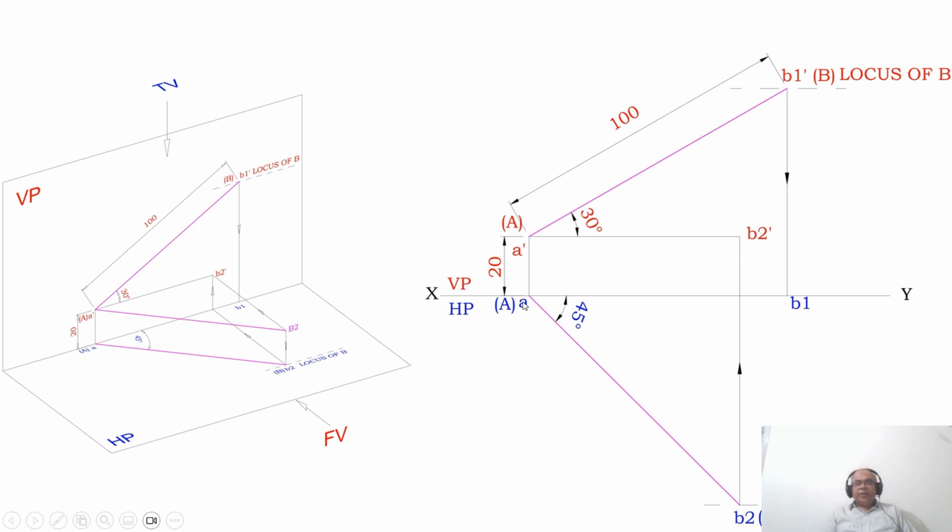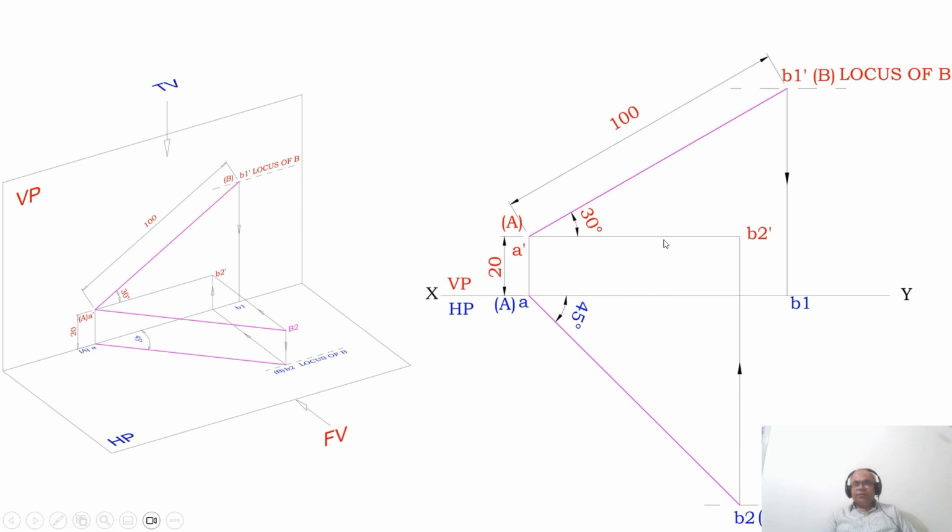Similarly, now we have the top view. AB2 is the top view true length. If AB2 is the top view true length, that means in the front view that line should be parallel to XY. What is the front view of AB2? It should be A dash and B2 dash. A dash is above HP by 20 mm, therefore B2 dash should also be above HP by 20 mm.